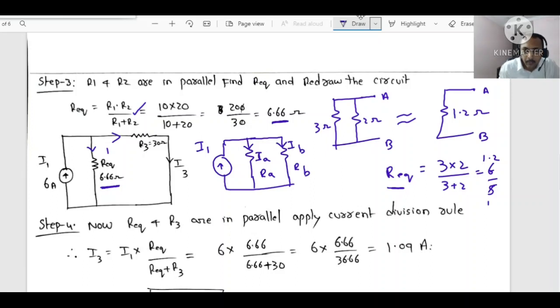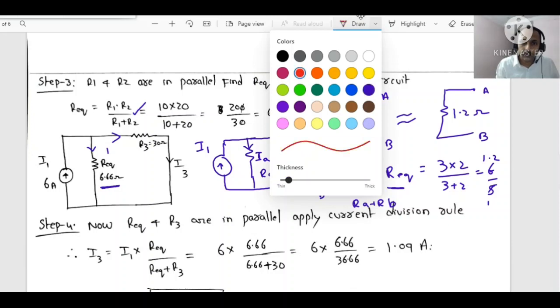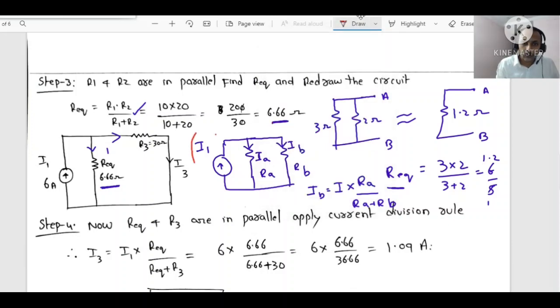So what about IB? IB equals total current into opposite arm resistance. To find this current, you take the resistance in the opposite arm, that is RA, divided by total resistance RA plus RB. This is the current division rule we have learnt. Very important. Already we have discussed this current division rule.